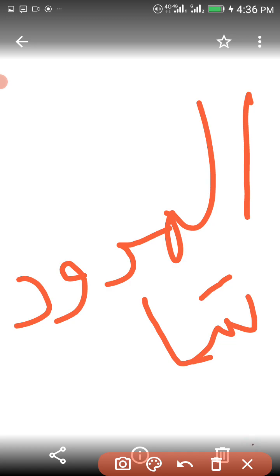So if we finish this with some examples that we are going to use daily, inshallah we hopefully expect our followers to learn the Arabic alphabet and to learn how to read and write in Arabic.